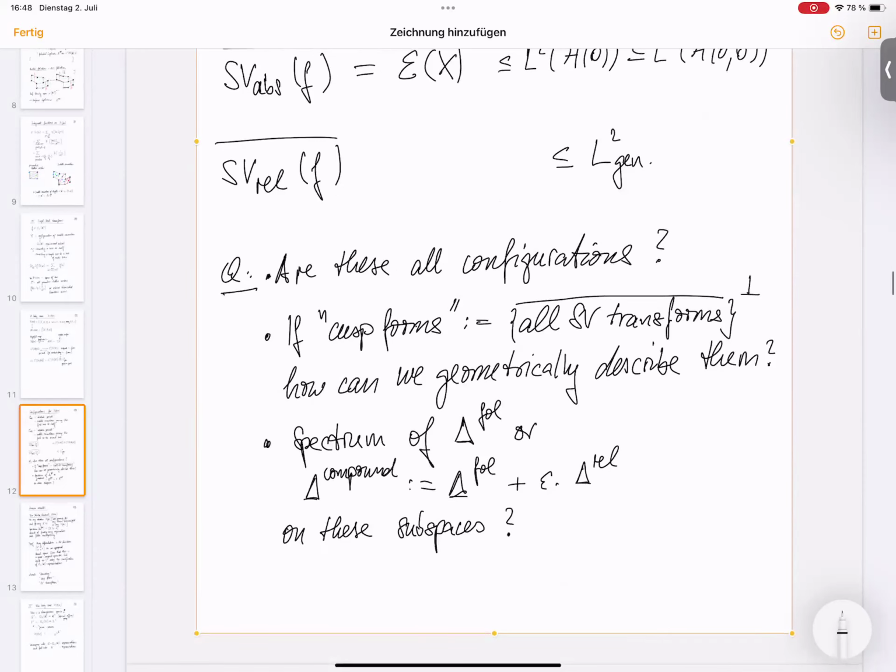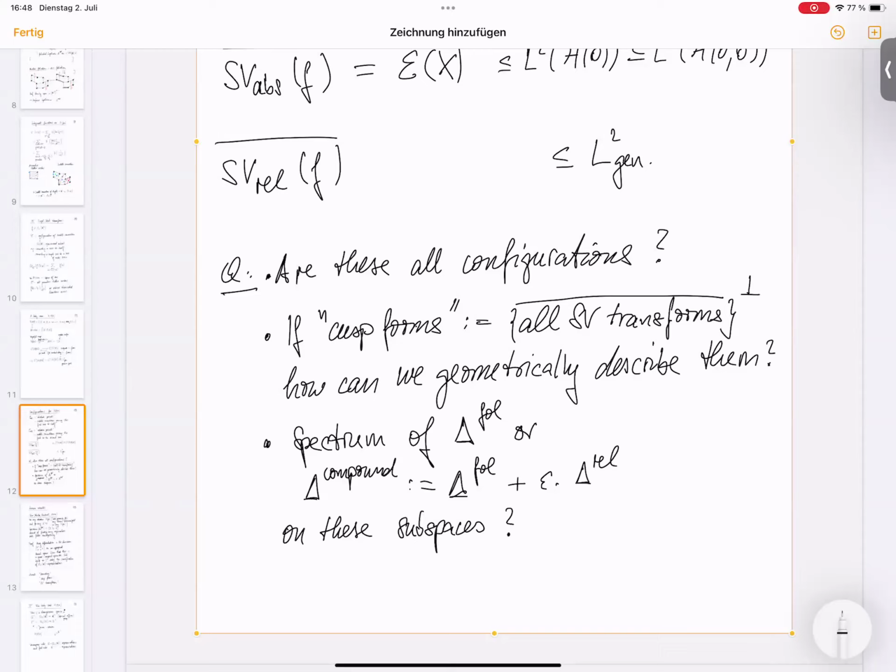So let me ask in this baby case the guiding questions we can answer in that case, and I would like to answer in the case of general strata, namely whether we have listed all possible configurations in that way. It seems so, but the answer will turn out to be no.